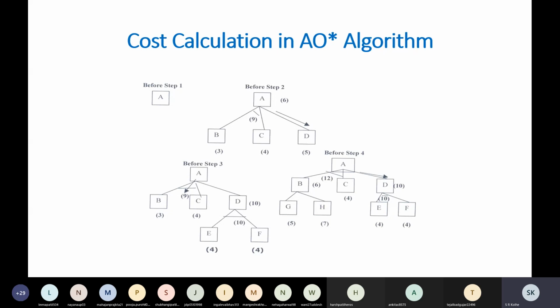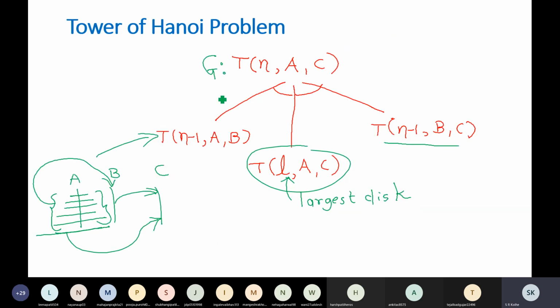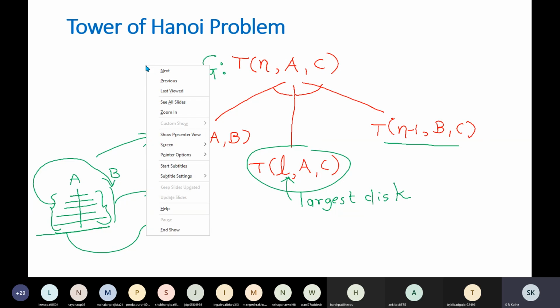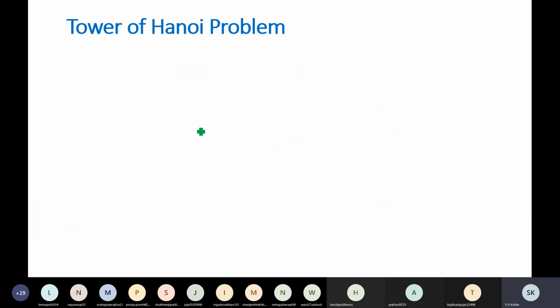Now there is an important step in the AO star algorithm, that is cost calculation. Before moving to cost calculation, let us understand why it is required and what its importance is.